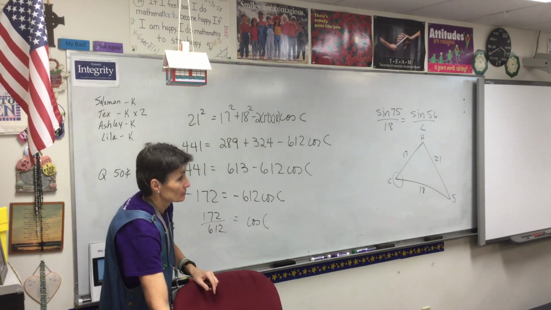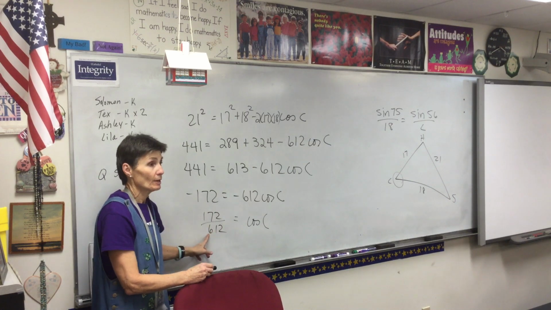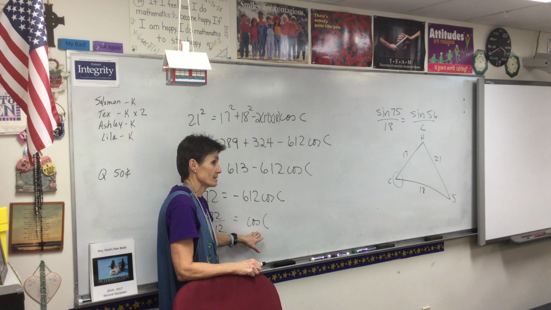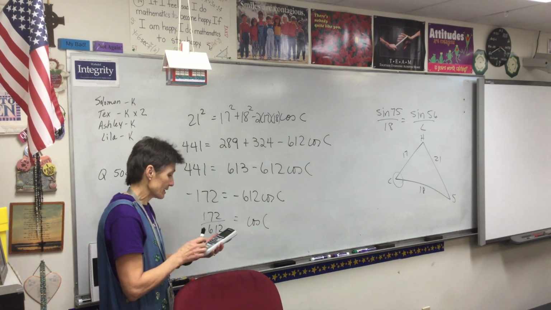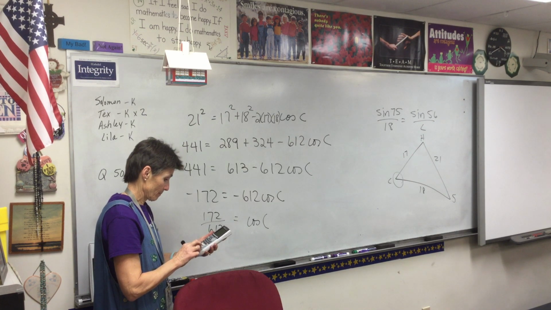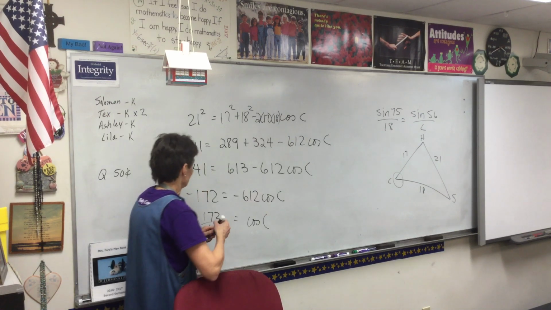Now, you might be tempted just to type this into your calculator, but be careful, that is not C. That's cosine C. What do we have to do to get C? We have to use second cosine. I got 73.68.